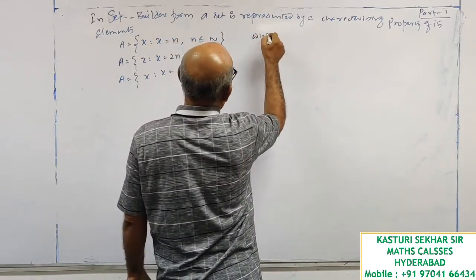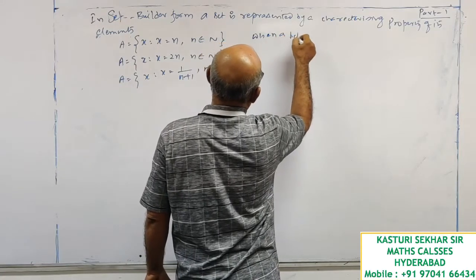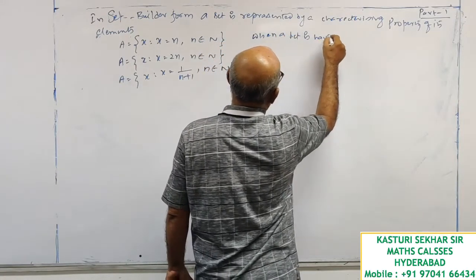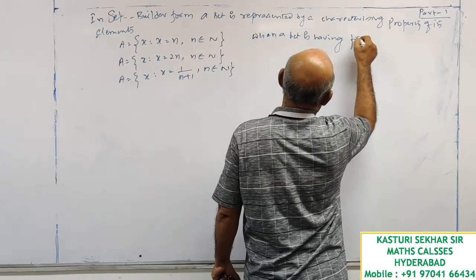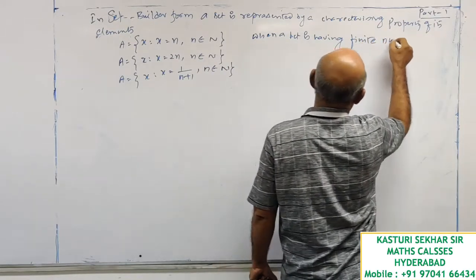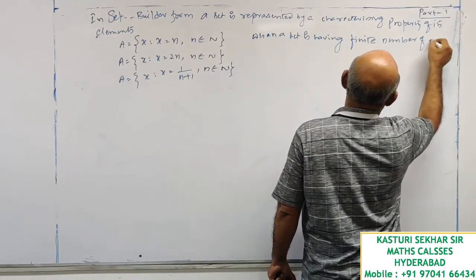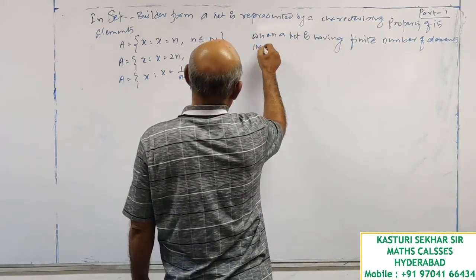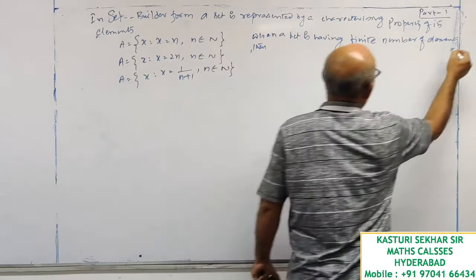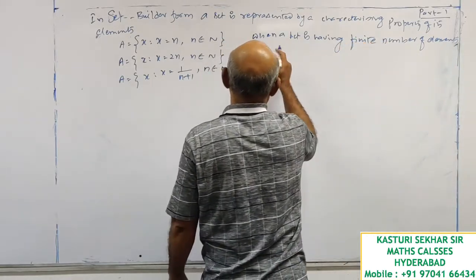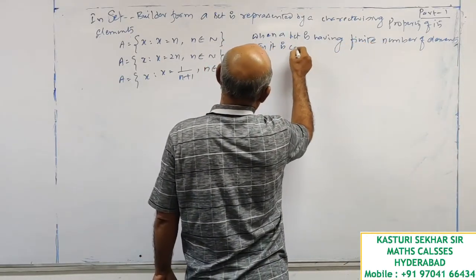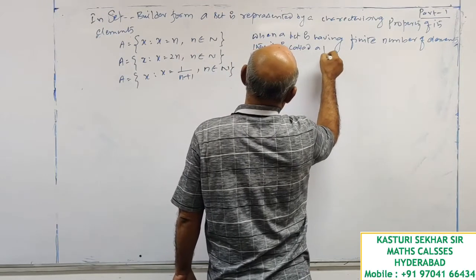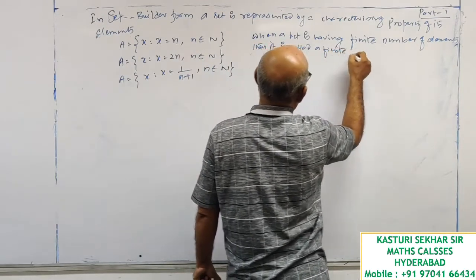When a set is having a finite number of elements, then it is called a finite set.